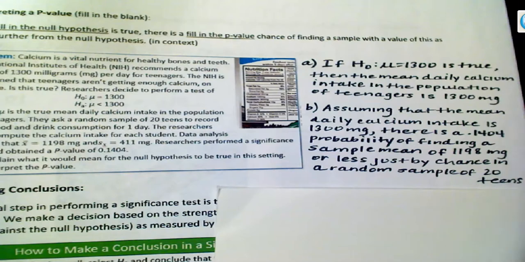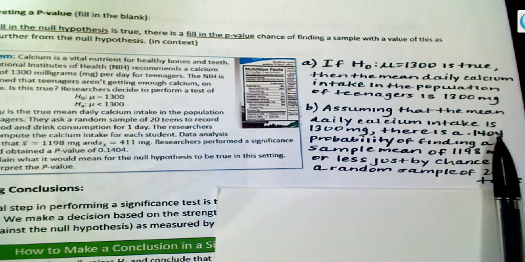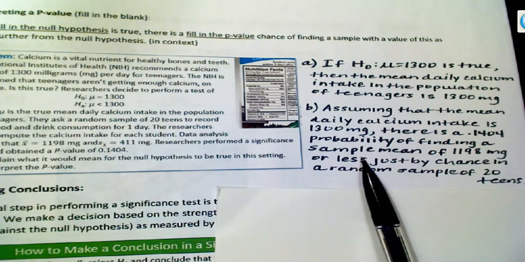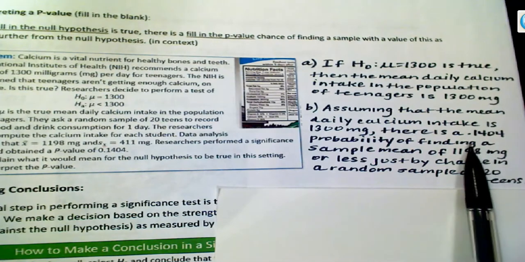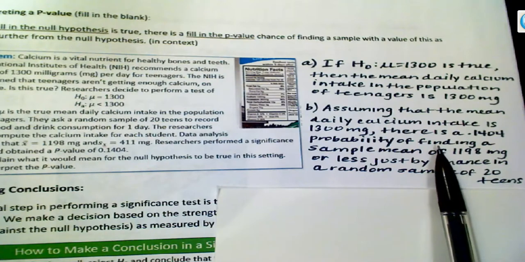Okay, so this is the probability of our alternative. That's what that p-value is.